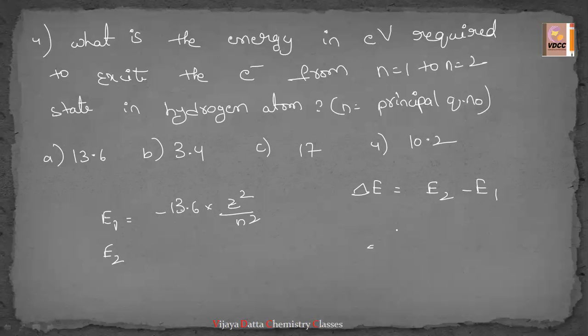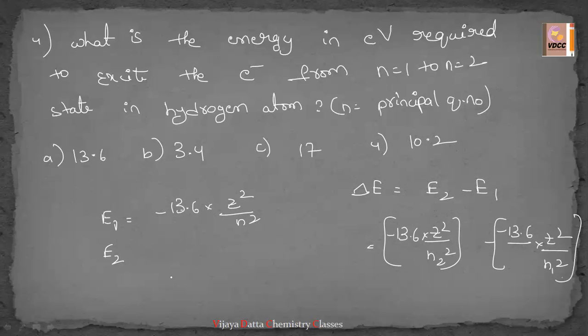E2 is minus 13.6 into Z square by n2 square, minus of minus 13.6 into Z square by n1 square. If you do like this, we'll get the answer. He asked for hydrogen only, so the Z value will be 1.